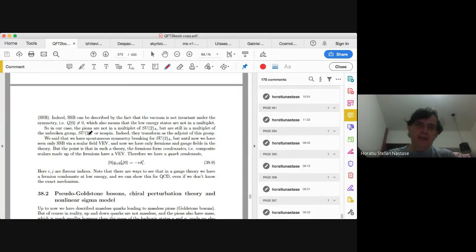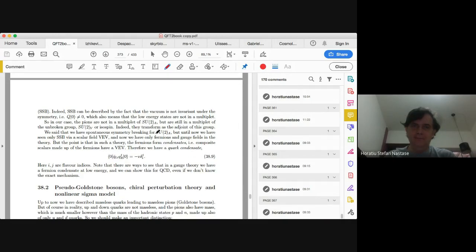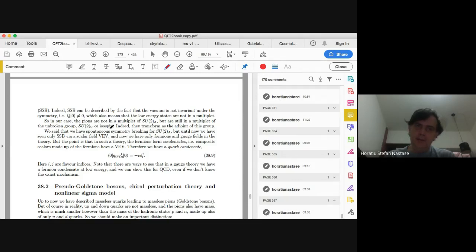So in our case, the pions are just in a state of the unbroken group SU(2)V, but are not in a multiplet of SU(2)A, which is broken. So they're only in the isospin states.